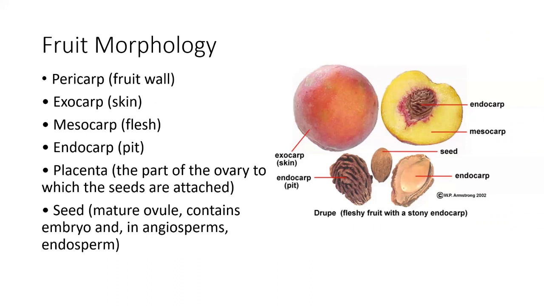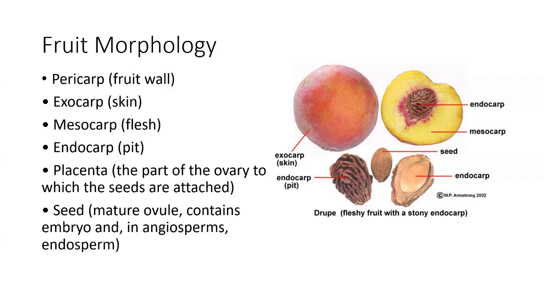So, a little bit of fruit morphology. Again, these are the parts of the fruit. We have the pericarp, the exocarp, and the mesocarp. I often think of exo as the outer part, meso being the middle, and the endocarp is going to be the inner part.